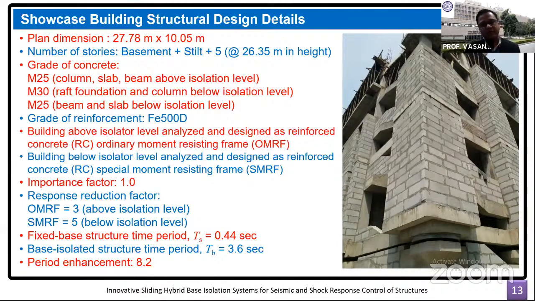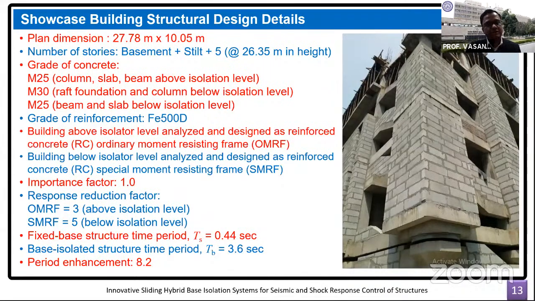Therefore, in my opinion, the hospital buildings may have their response reduction factor 1. It means no nonlinearity or no damage is allowed in the hospital building, so that even the plaster is not falling off or the cover concrete is not falling off on the patients. Anyway, otherwise the response reduction factors are applied up to about 2. In this project, we have applied it as 3.